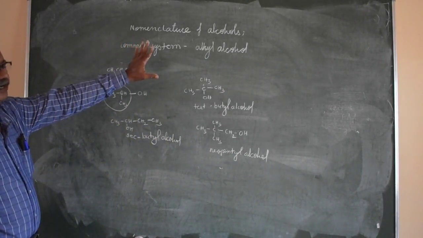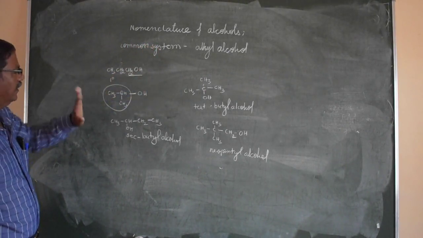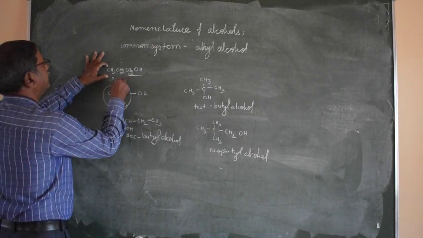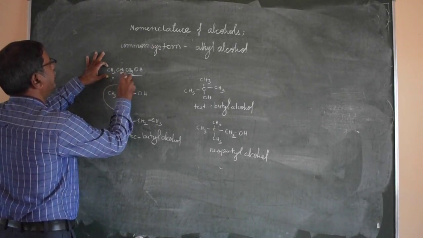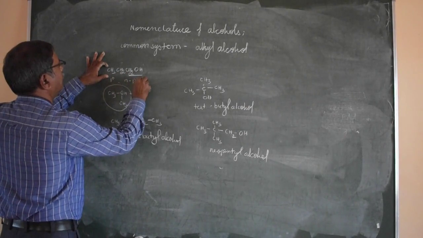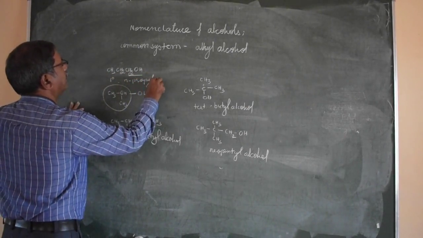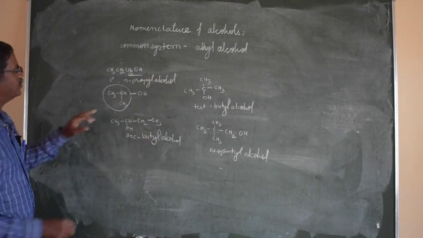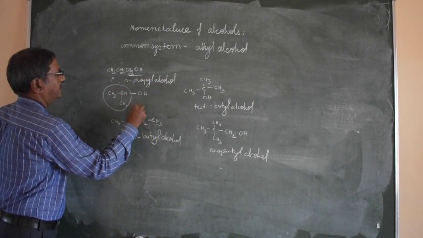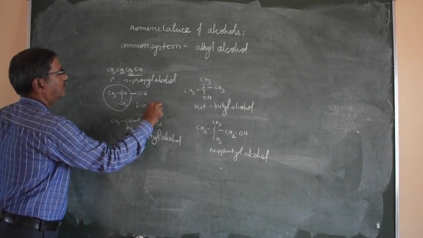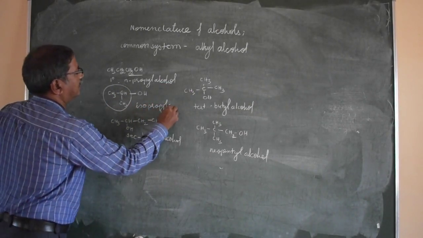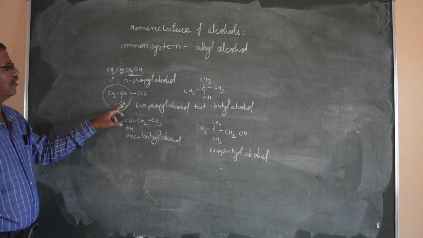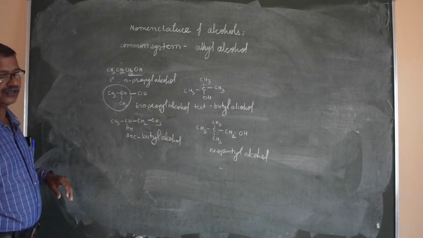In general, for saturated alcohols I am using alkyl alcohol. So it is 1 degree, or N, also called normal propyl alcohol. This is called iso because CH is attached to two CH3; totally we have 3 carbons, so isopropyl alcohol.